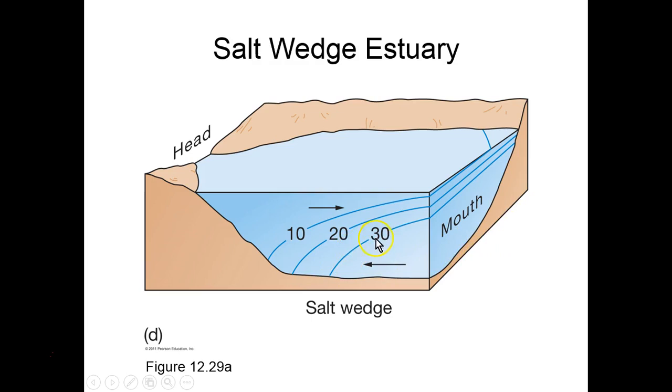So it creates this kind of wedge, which they call a salt wedge, where you have salt water at the bottom and fresh water at the top. So again, here's salinity of 10 parts per thousand, here's salinity of 20 parts per thousand, here's a salinity of 30 parts per thousand. So it creates kind of this wedge of salt water that comes in, and at the surface you have fresh water coming out.